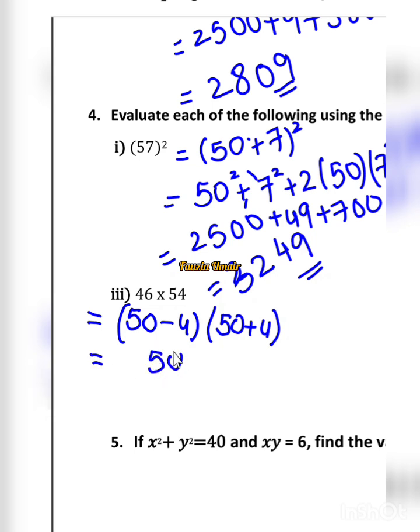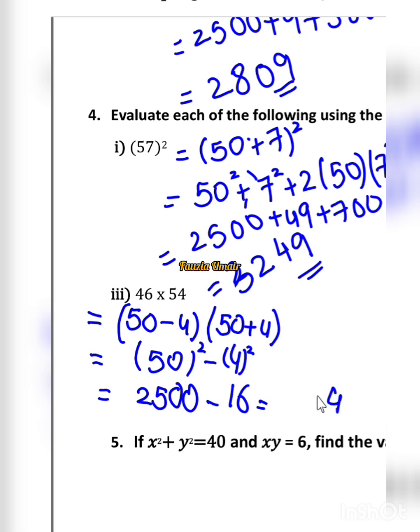So this is 50 square minus 4 square. So 50 square is 5 square is 25, and the 0 will be doubled. So 2500 minus 4 square, which is 16. So if you take this out, 10 minus 6 would be 4, 9 minus 1 would be 8, and this 5 will become 4, and the 2 will remain as it is.